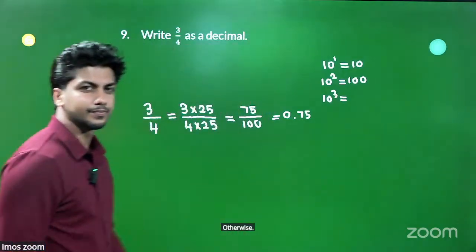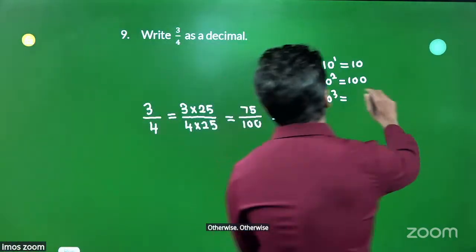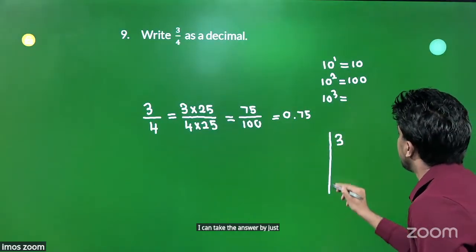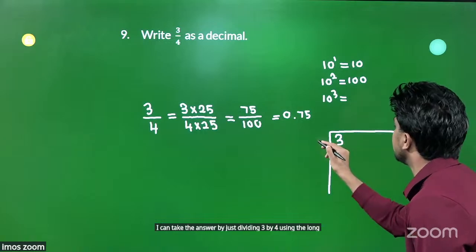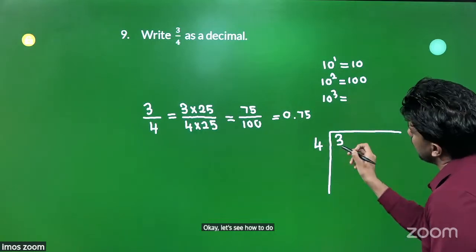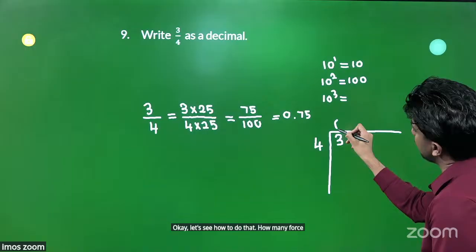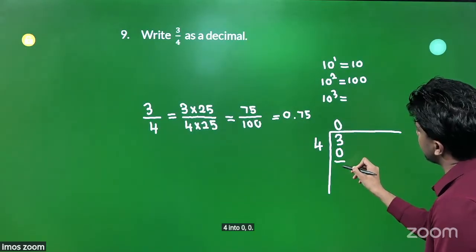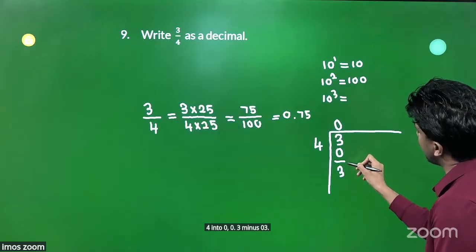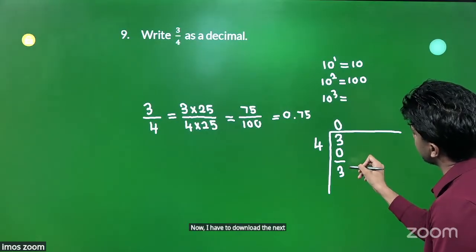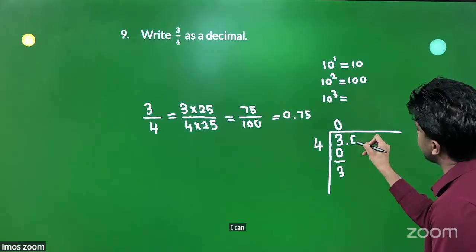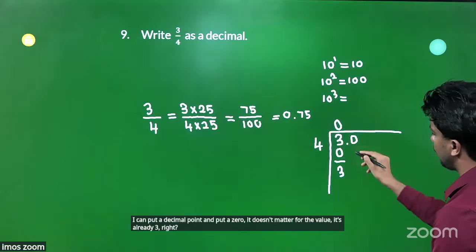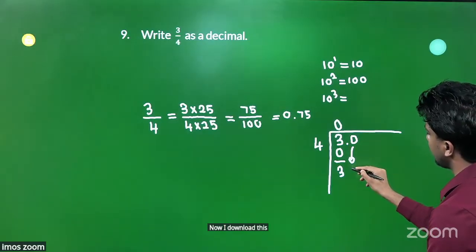Otherwise, I can get the answer by just dividing 3 by 4 using the long division method. Let's see how to do that. How many 4s for 3? 0. 4 into 0, 0. 3 minus 0, 3. Now I have to bring down the next digit. I can put a decimal point and put a 0. It doesn't matter for the value. Now I bring this 0 down to here.